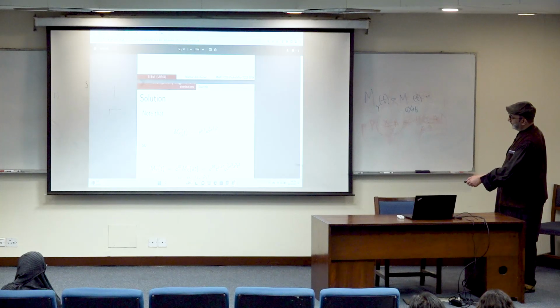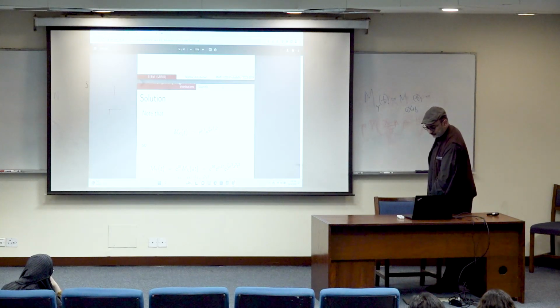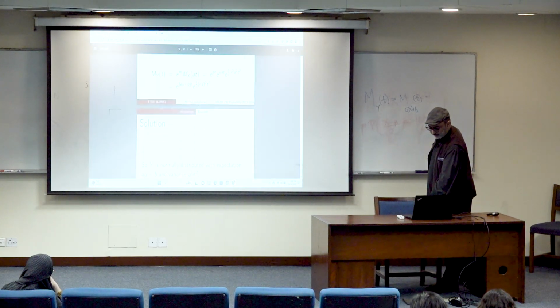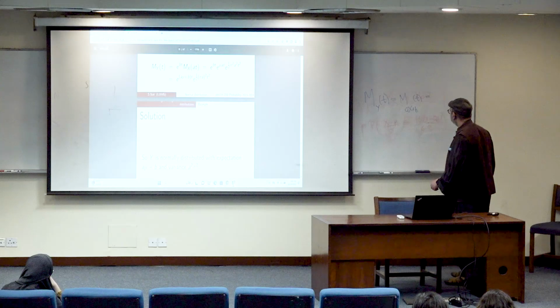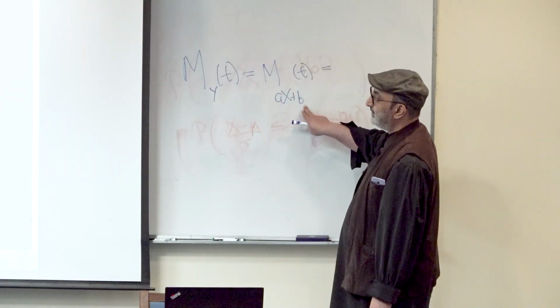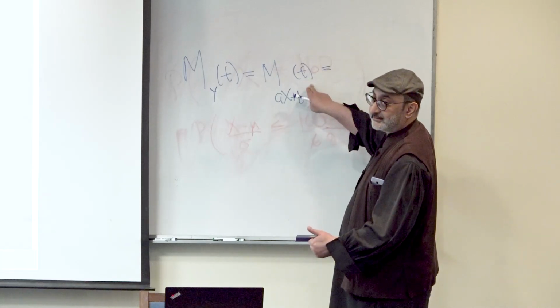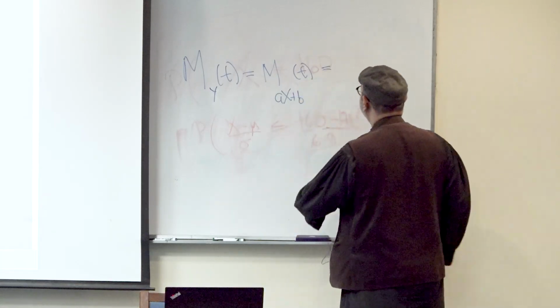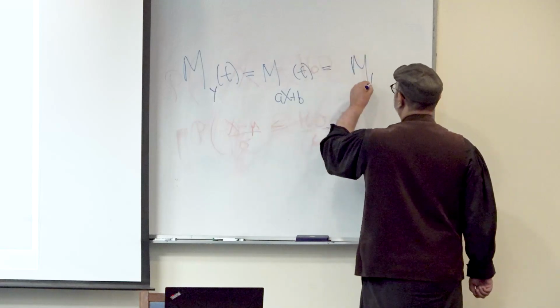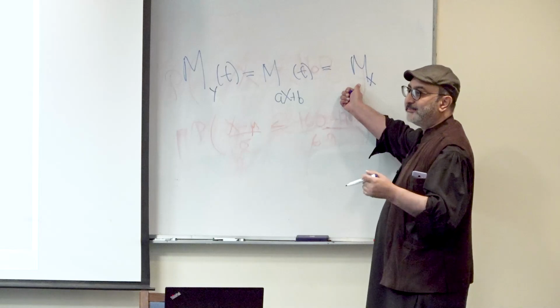Okay, right. So how do you do this? The MGF of ax plus b is related to the MGF for x by, you take the MGF for x and you replace t by at.